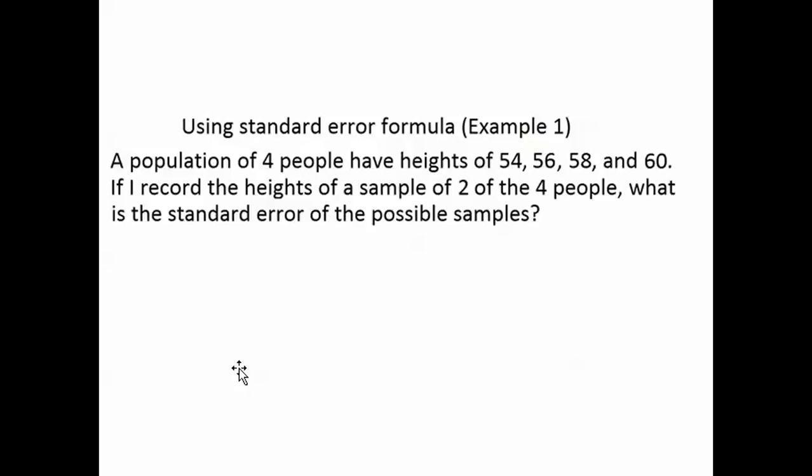And then I would just calculate the standard deviation of those 6 numbers. That's the old method. But I think this new method that I showed you can be used without having to actually sort out the population into all possible samples.